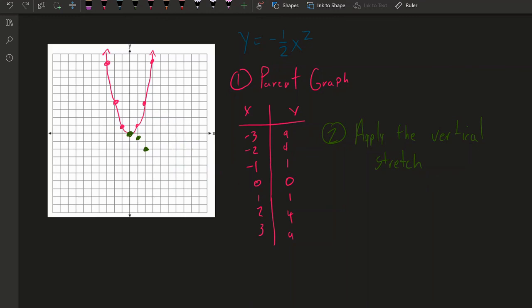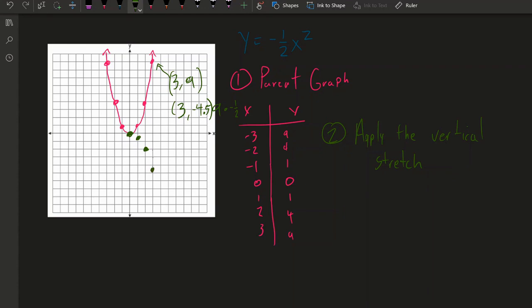The next one is located at 3, 9. So I'm going to leave the 3 alone because it's horizontal, and then I'm going to go 9 times -1/2, which is -4.5. So that means at 3 I'm going to go down 1, 2, 3, 4.5.